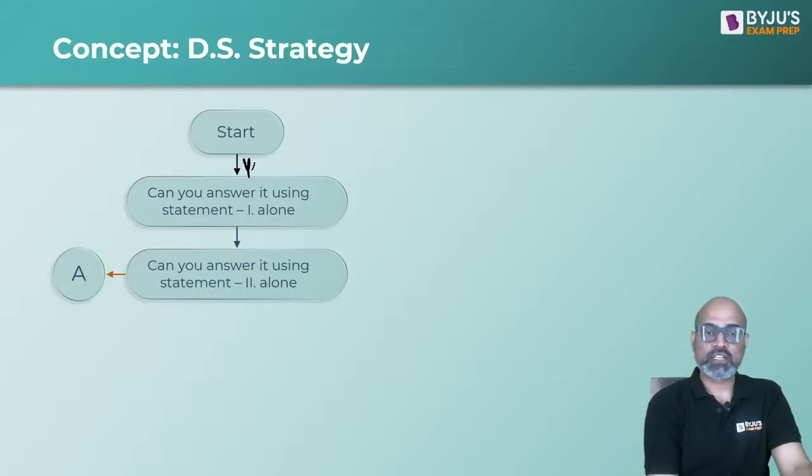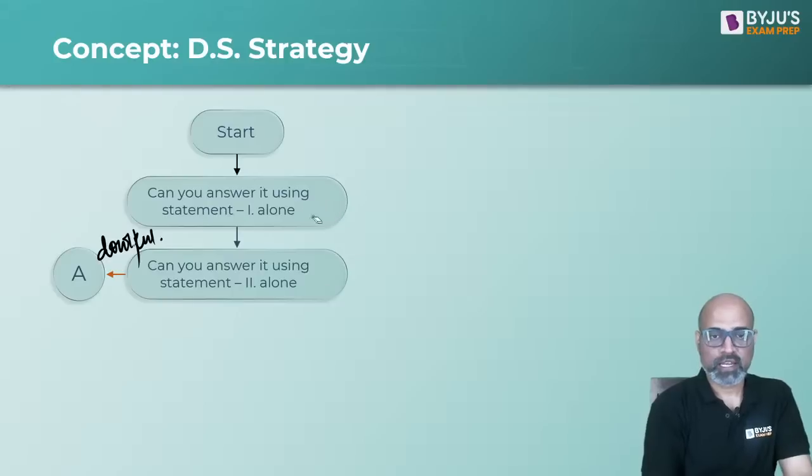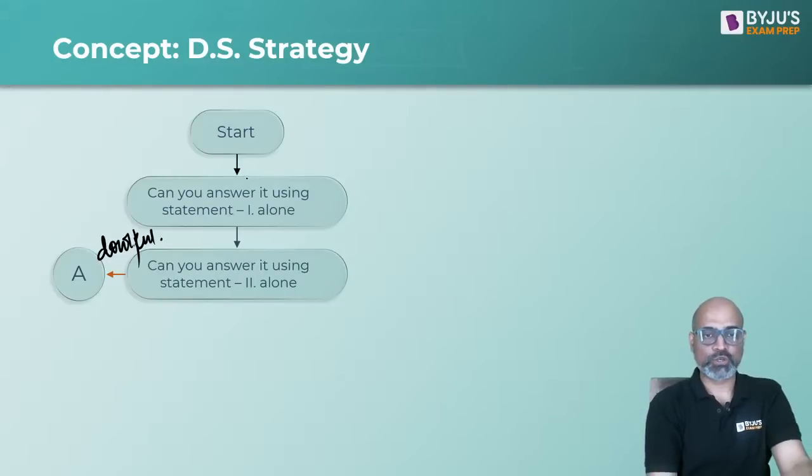If you can answer using statement 1 alone, and if you are not able to answer using the second statement alone, then you go to A. So I will write the word doubtful here, and I'll put the word sure here. So I'm sure, then you'll move forward.